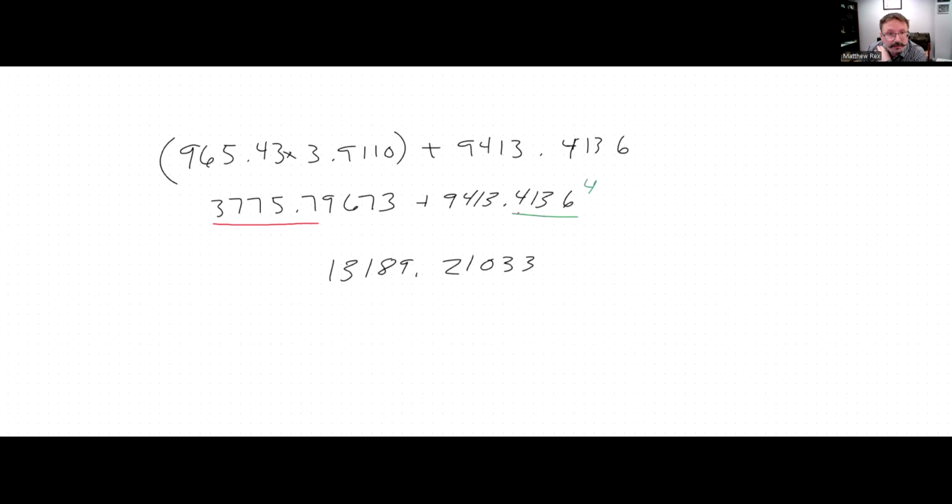This only has 1 significant digit after the decimal. So that means we're going to stop at 1 digit after the decimal. So that gives us 13,189.2 based on our rules for significant figures.